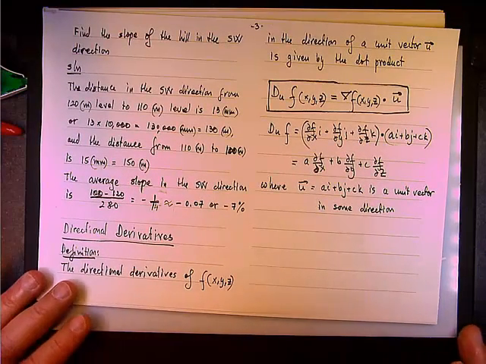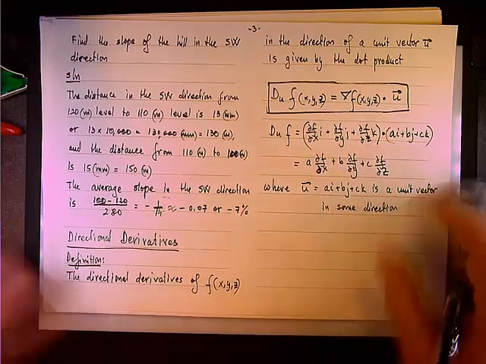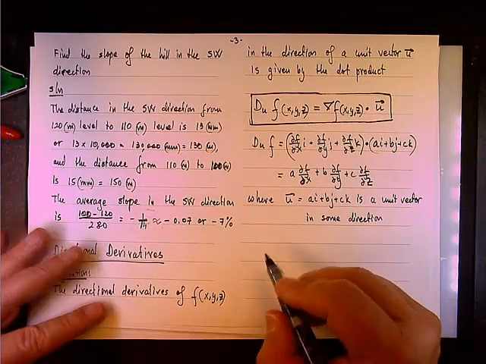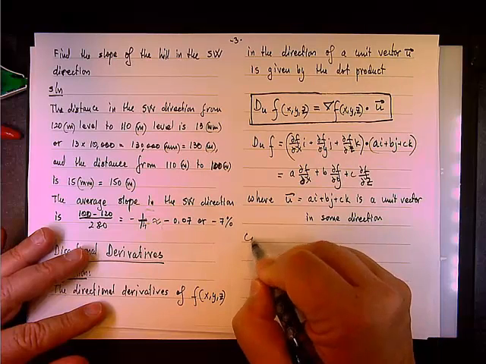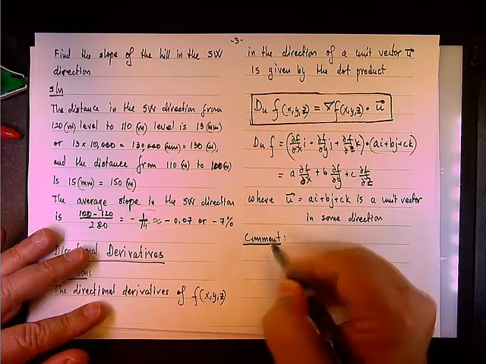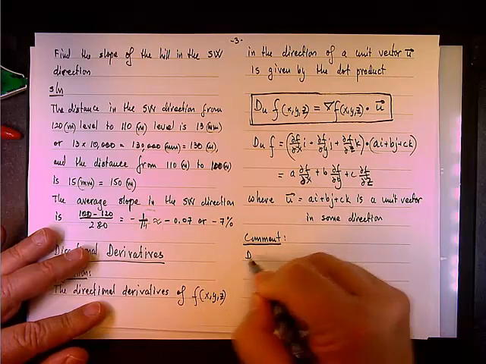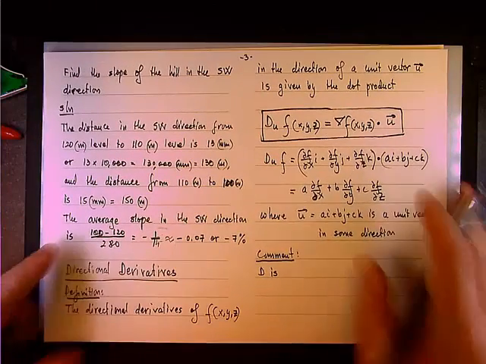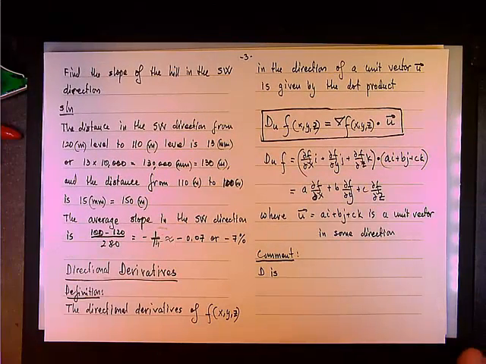Let me just make a comment about this d sub u. D is a derivative operation that we use rather commonly. So here's a comment. The letter D, well, we have a lot of D's in mathematics. You have discriminant, determinant.